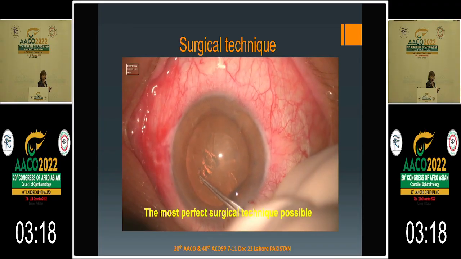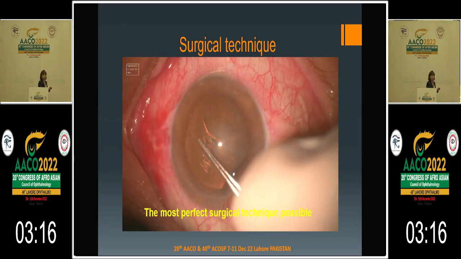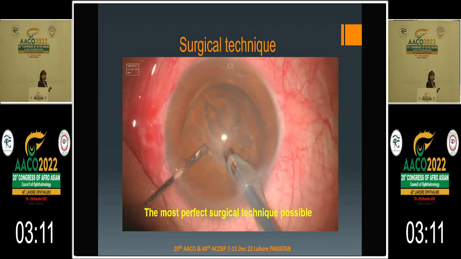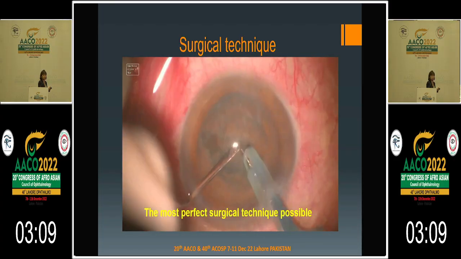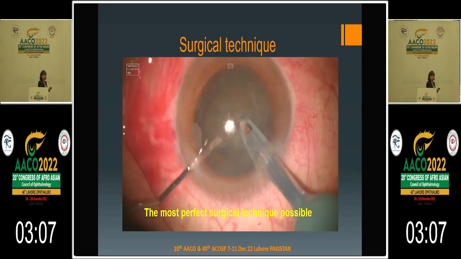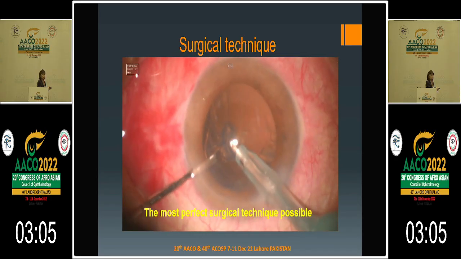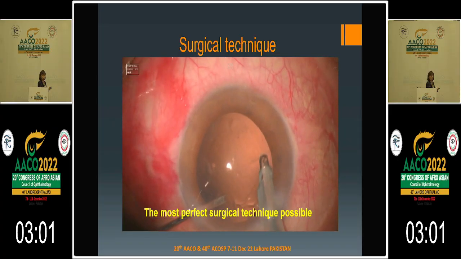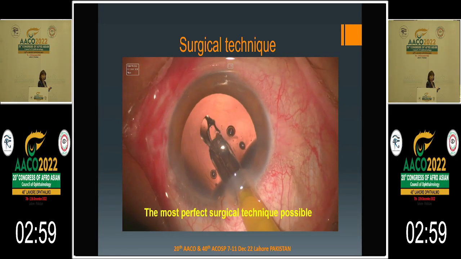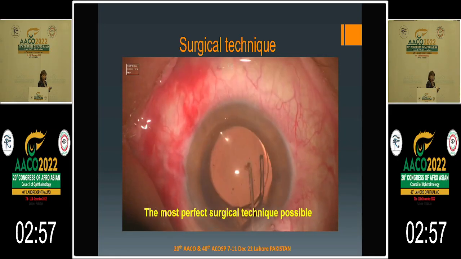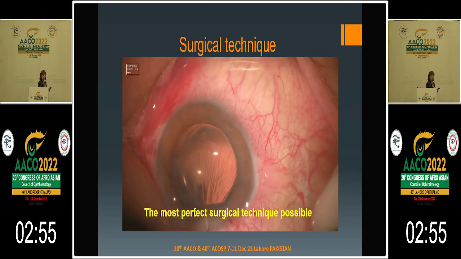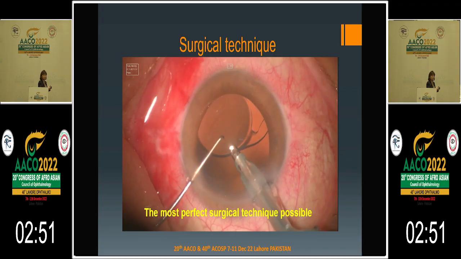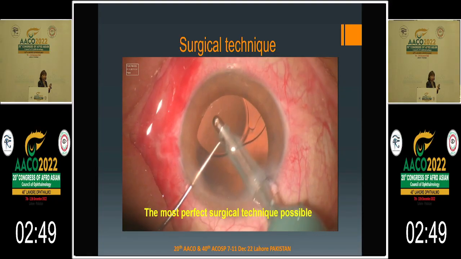And after phacoemulsification of the nucleus and removal of the cortex, the implant must be implanted in the capsular bag and well centered. And be careful, we have to remove all the viscoelastic, even behind the IOL.